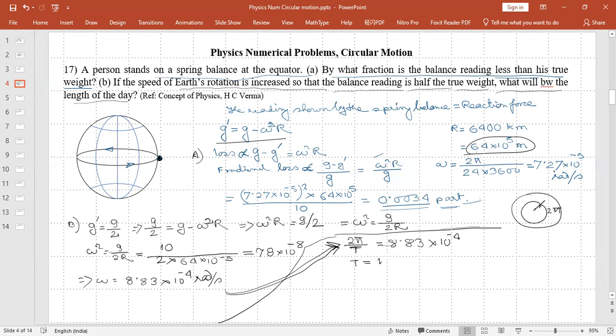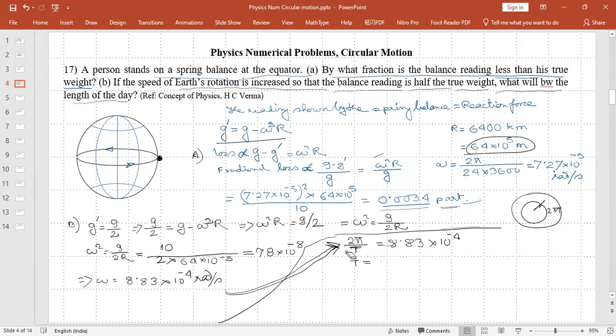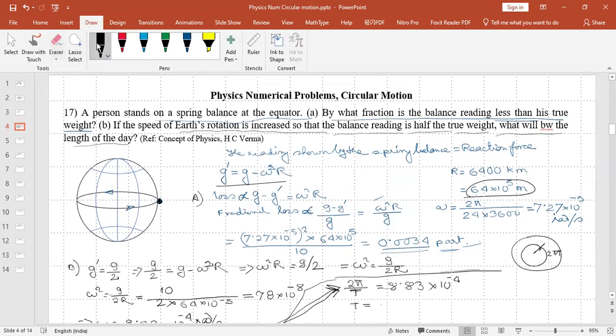From here, you can find out T is equal to 7116 seconds. This becomes 1.97 hour.